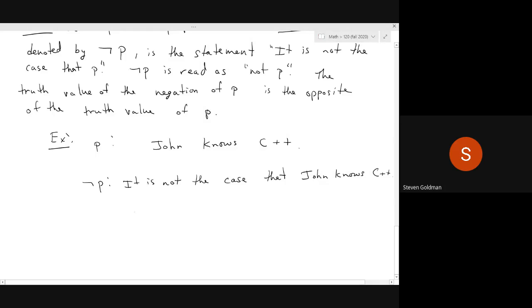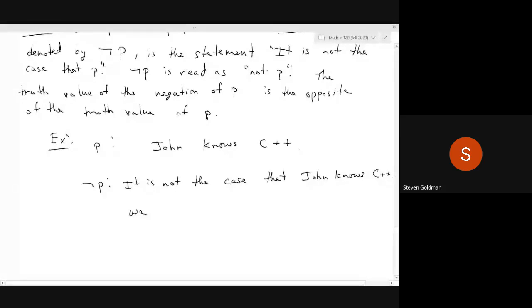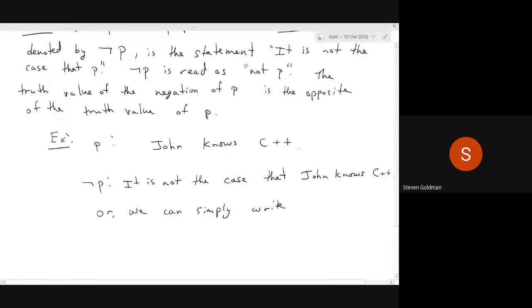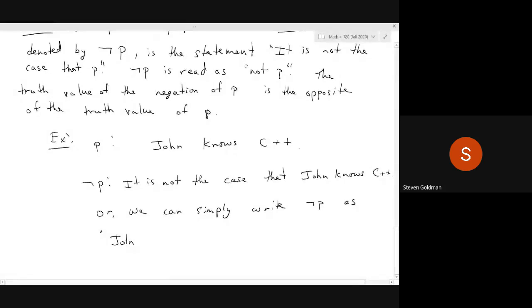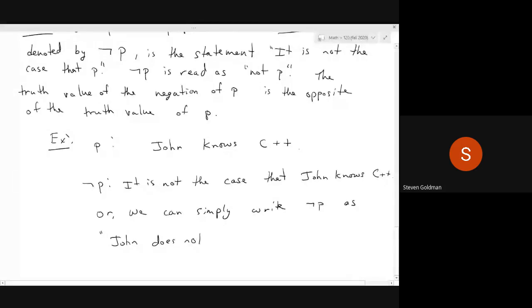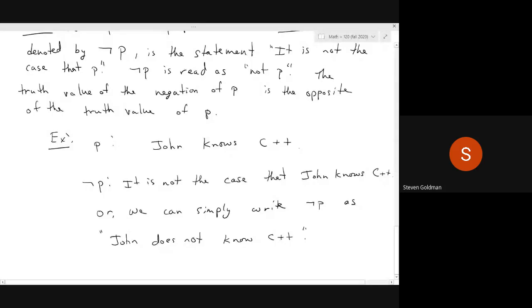So we can simply write not P as John does not know C++. That's the same thing. A lot of times when we're writing down sentences in logic, when you first write it down, it might seem complex, and you can simplify it into a simpler version.